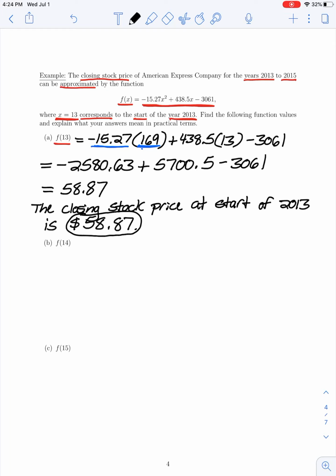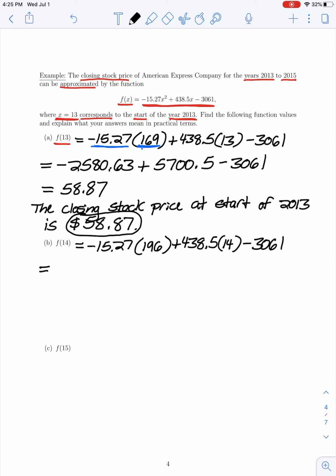Now in part B, we're asked for f of 14. So same sort of procedure. We're going to replace x by 14 in the definition of our function. So again, we have negative 15.27 times 14 squared, which is 196, plus 438.5 times x, which we're taking as 14. And then we're subtracting 3,061.